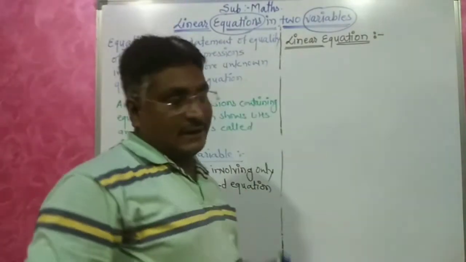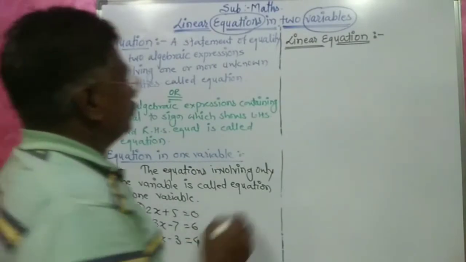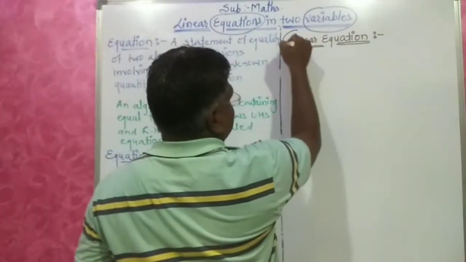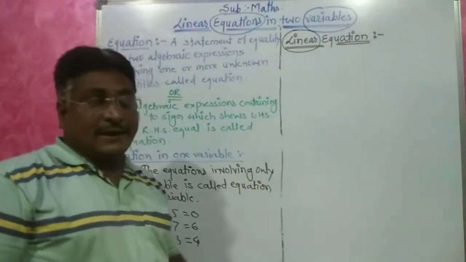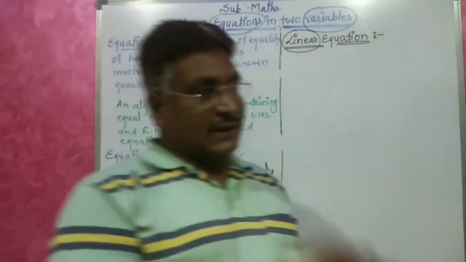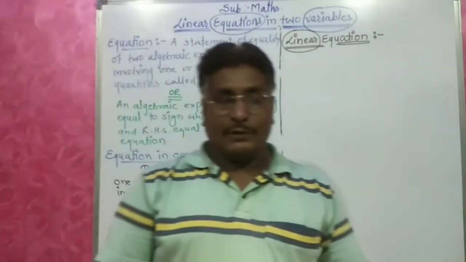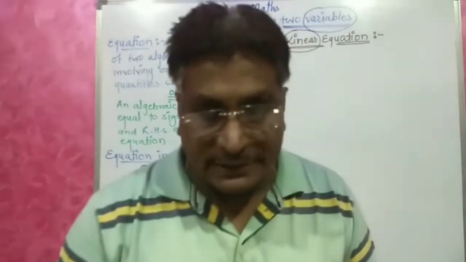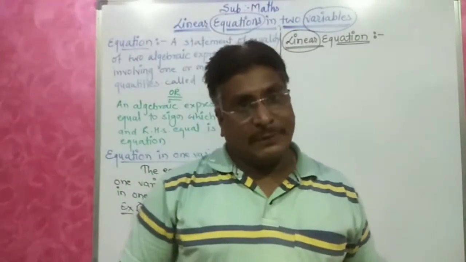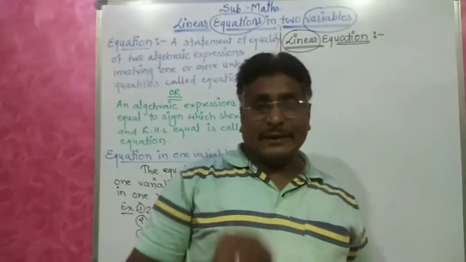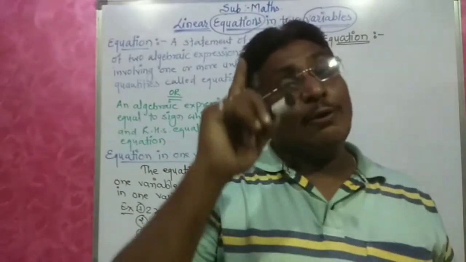Now linear equation. What is the meaning of linear equation? Here the most important thing is linear. In the polynomial lesson we studied linear polynomial, quadratic polynomial, cubic polynomial. Linear polynomial means a polynomial having degree 1.